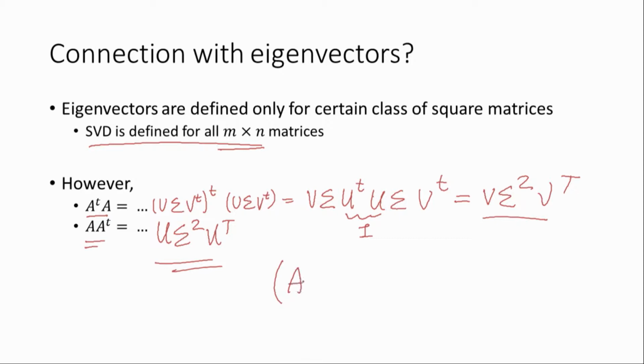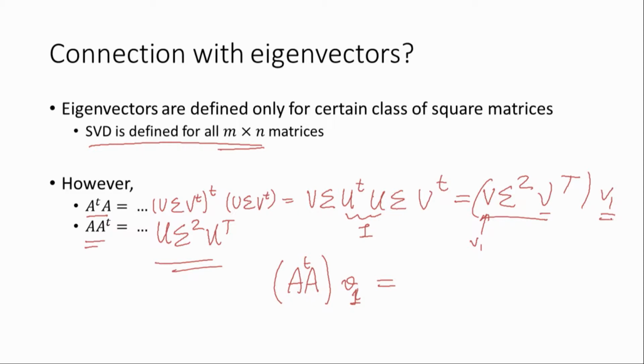Now look at these two matrices, A transpose and A transpose A. If you look at A transpose A times, let's say, V1, which is the first column of V, from this decomposition you should be able to say immediately what it is. First I multiply V transpose times V1.